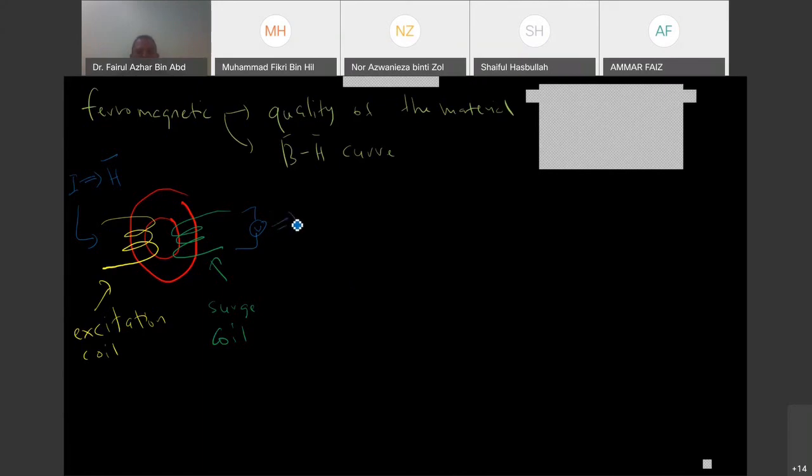From the voltage that we have, we convert to the value of magnetic flux density. From this setup, we will have a graph like this. This is B and this is H. The unit of B is Tesla, and the unit of H is ampere per meter. Normally we plot this graph in kilo ampere per meter.